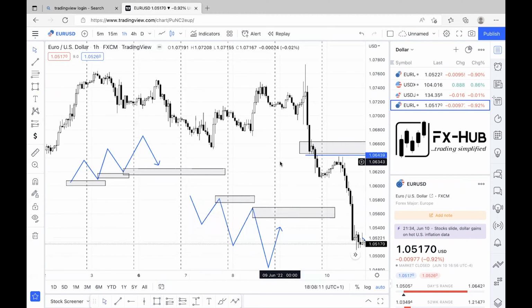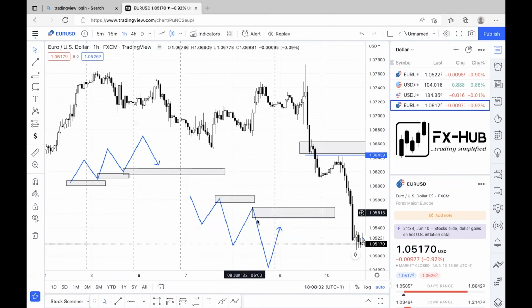Now, the moment the market gets into this lower high or higher low and reverses, it's called mitigation. The moment the market returns to a zone and reverses, it is called mitigation.